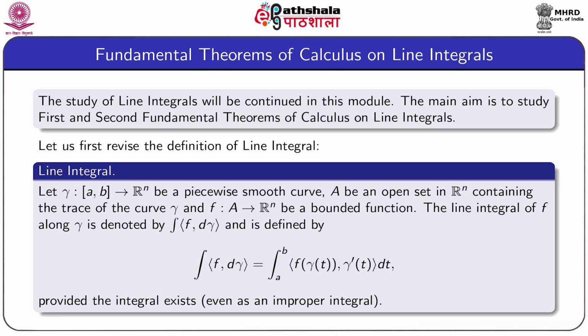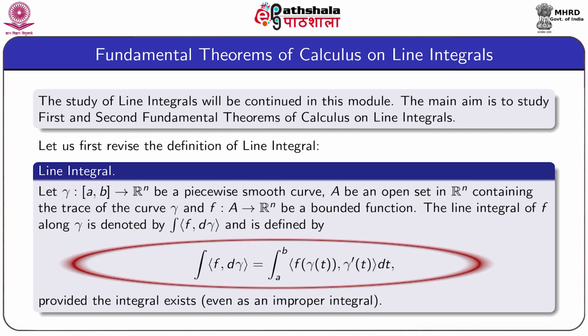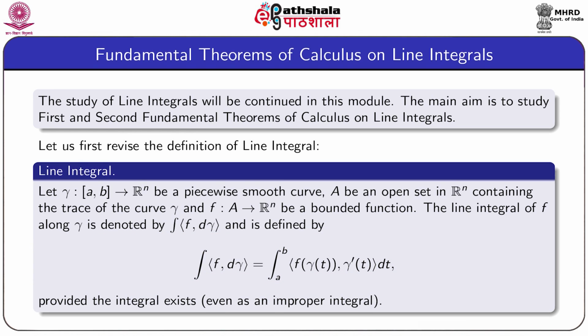The line integral of f along the curve gamma is denoted by the integral of f d gamma and is defined by the following. The line integral f d gamma equals the integral of the inner product of f(gamma(t)) and gamma dash(t) dt, where the limits of the integral are a and b, provided the integral exists even as an improper integral.